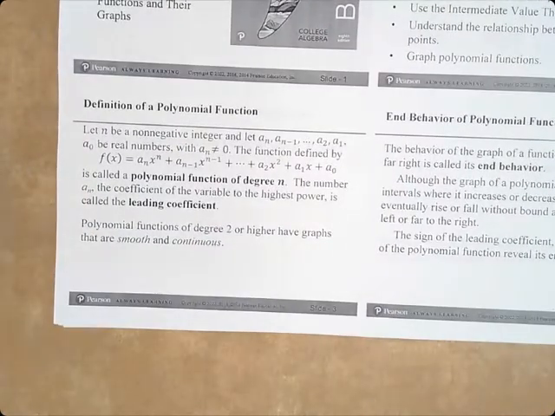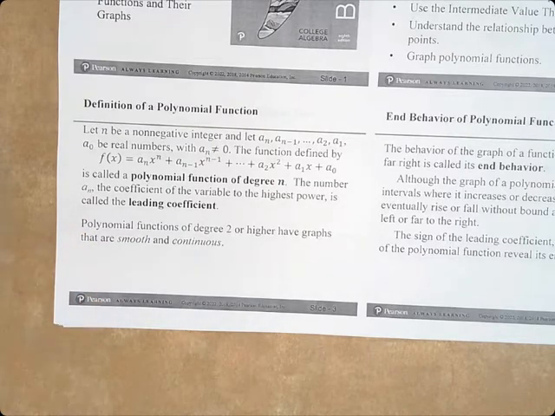So a polynomial function is a function that has an exponent that's greater than 2. So we know that we have the quadratic, which has an exponent of 2, and then to the third power is cubic, and then to the fourth, fifth, and so on are just different powers.